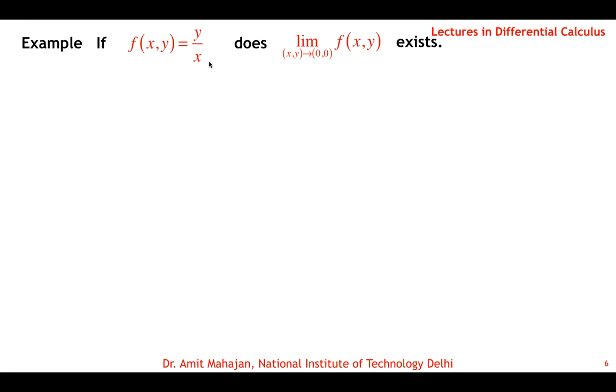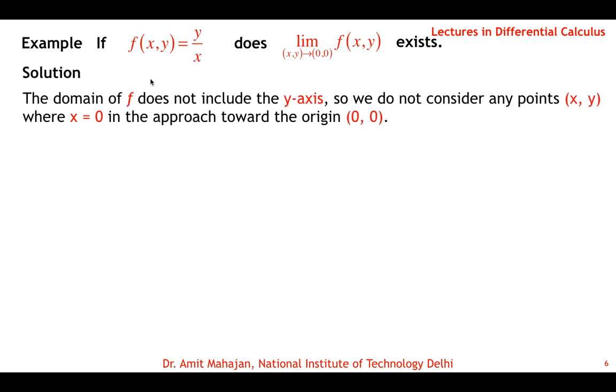When x is non-zero, it means the points on the y-axis are not in the domain. So the domain of the function does not include the y-axis. We do not consider any points x, y where x equals 0 in the approach towards the origin, so we will not move along the y-axis. When we calculate the limit, we must take only points which are in the domain, so all paths only move along the domain.